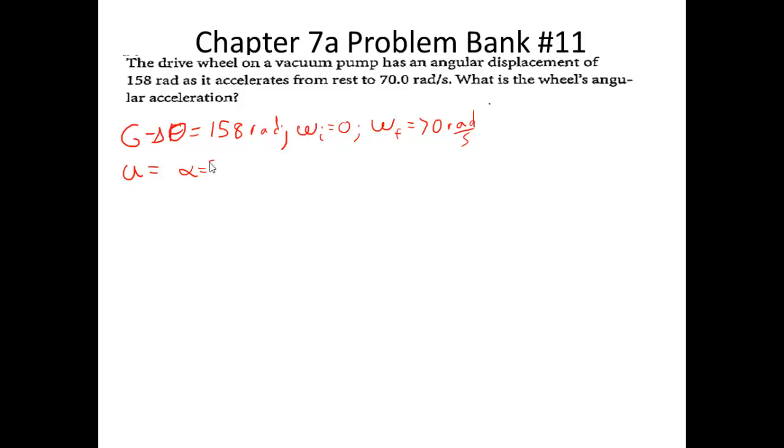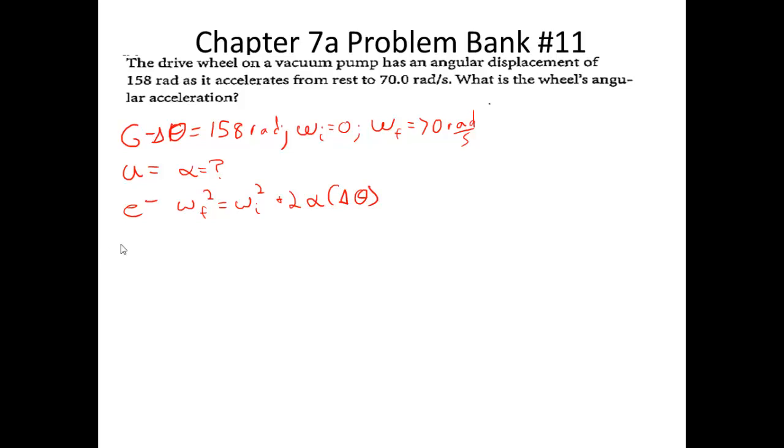Our equation, we do not have time, so it looks like we can use omega final squared is equal to omega initial squared plus 2 alpha delta theta.